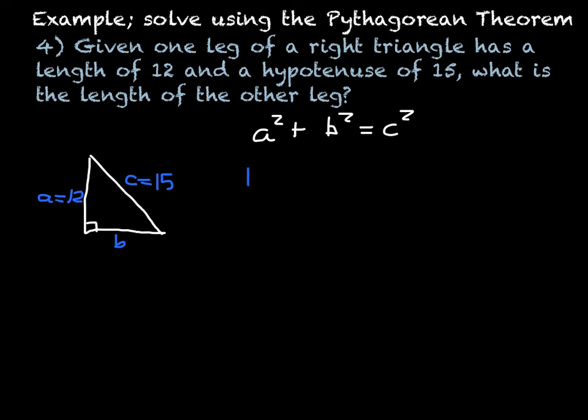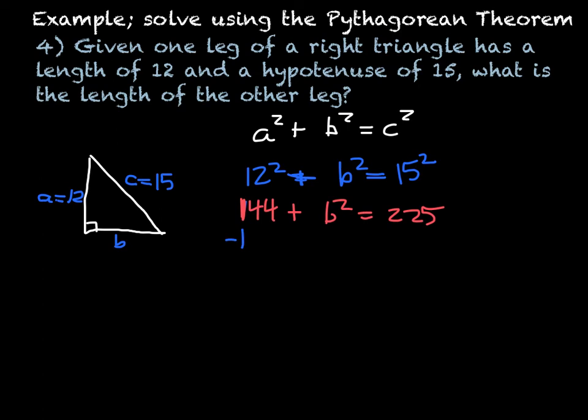Put in what I know, 12 squared plus b squared equals my c squared, which is 15 squared. 144 plus my b squared equals 225.